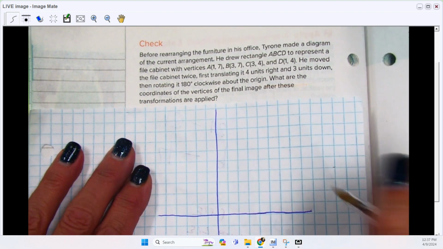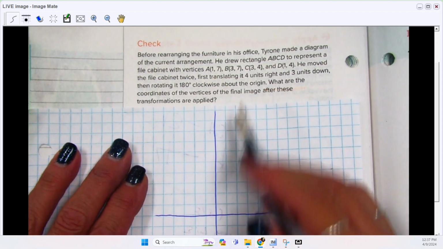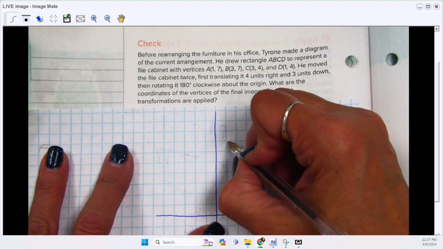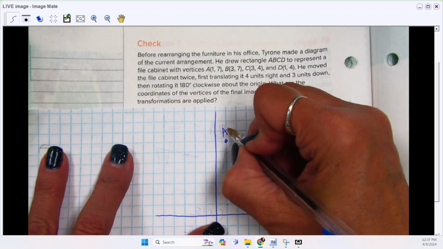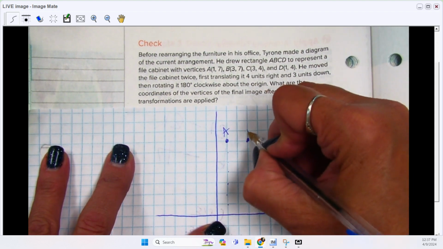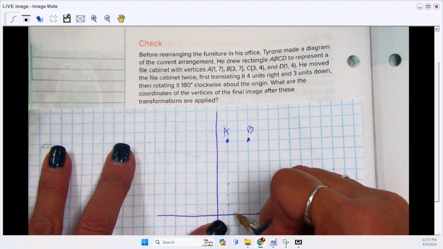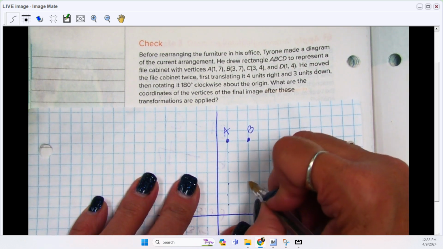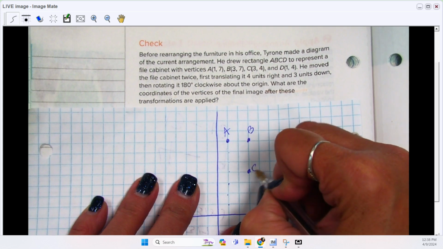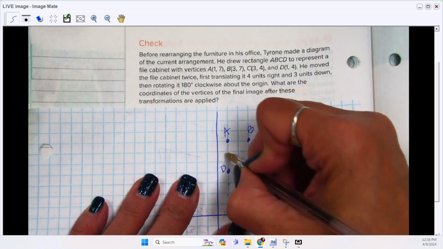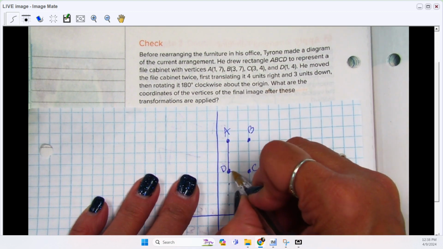It says A is 1, 7. So 1, 2, 3, 4, 5, 6, 7. So that's A. And 3, 7 is B. And 3, 4 is C. And 1, 4 is D. There we have it.